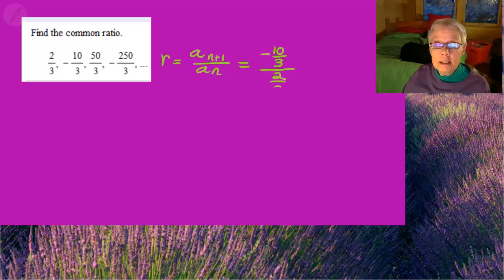-10 divided by 2/3. Well, this is only going to be -10 divided by 2/3, and you know how to divide fractions, and if you don't, your calculator will do it for you.